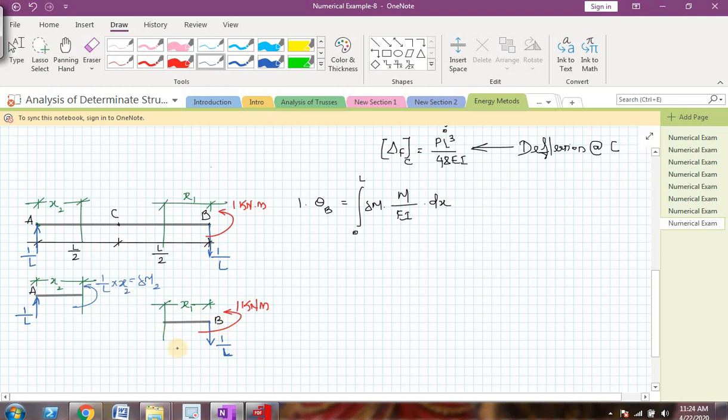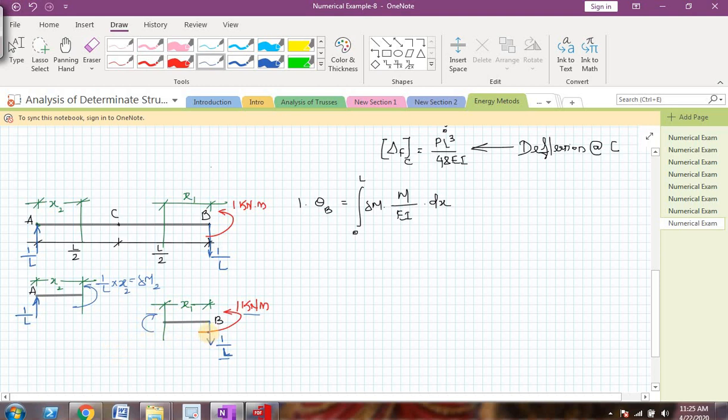And now when I come to this segment CB, and we have taken a section which is at a distance x1 from point B, we have a reaction at point B of 1 by L downwards, and we also have a unit moment which is applied at point B. Now because of this moment and because of this reaction, we'll have a moment which will be something like this.